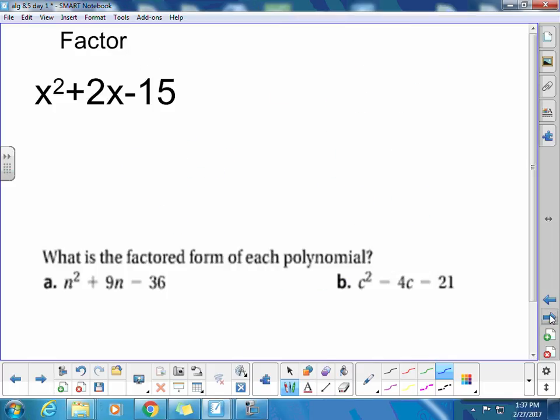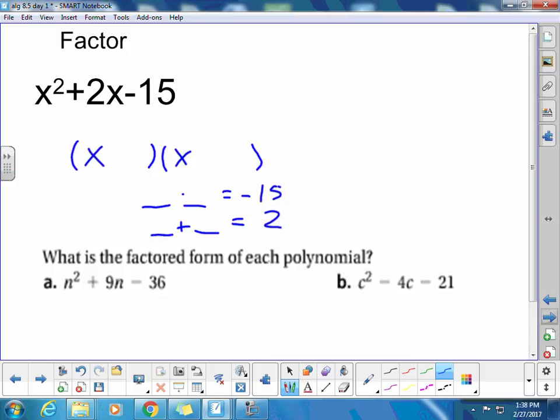All right, so let's look at this one. There is no number in front of x squared, so we don't need box method necessarily. I know, again, they both start with x. I know they multiply together to give me a negative 15, but add together to give me a positive 2. So I want you to think of two factors.